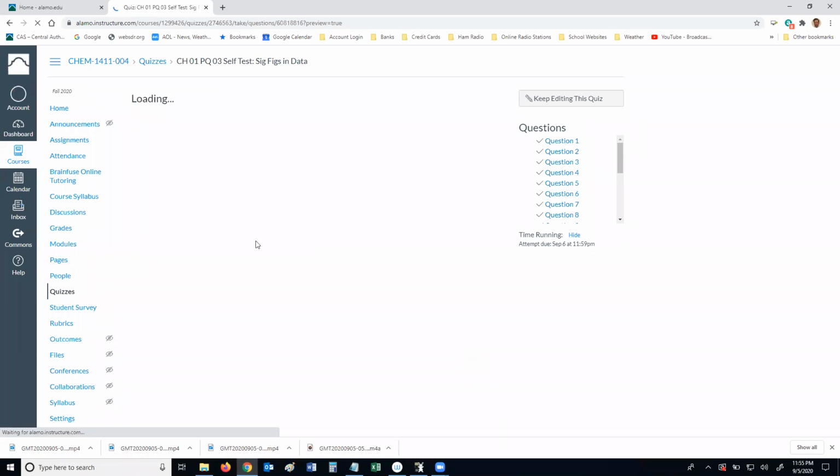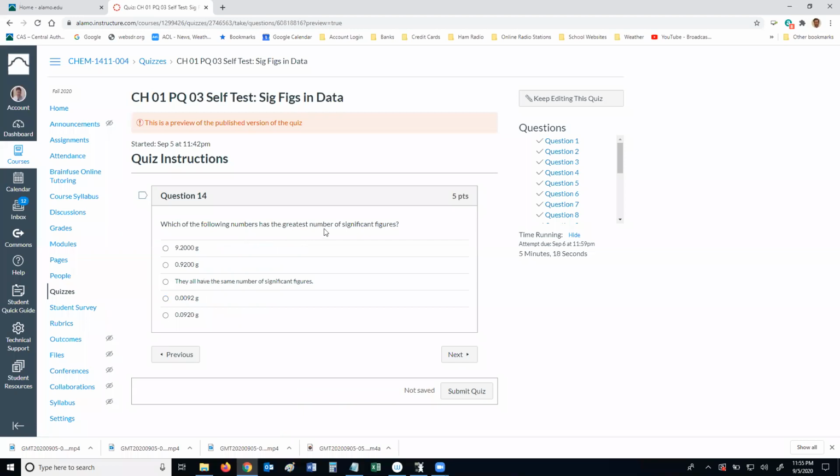Okay, question 14. Which of the following numbers has the greatest number of significant figures? Okay, well, 9.2000, remember zeros after a decimal point are significant if they're preceded anywhere in the number by significant digits. So we have 1, 2, 3, 4, 5, right? We have 5 significant figures there.